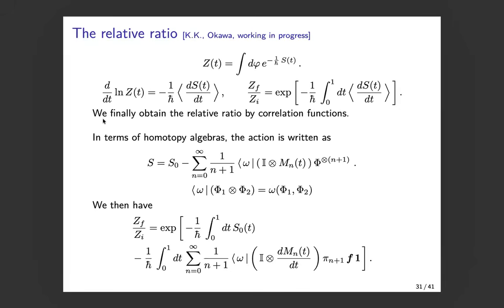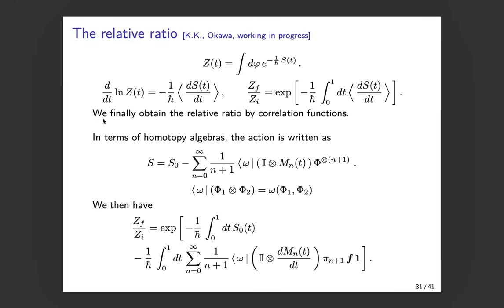So we first admit this form of partition function. And when we take logarithm and take a derivative by auxiliary parameter t, we have this form. And integrating from 0 to 1 by t, we obtain this form.